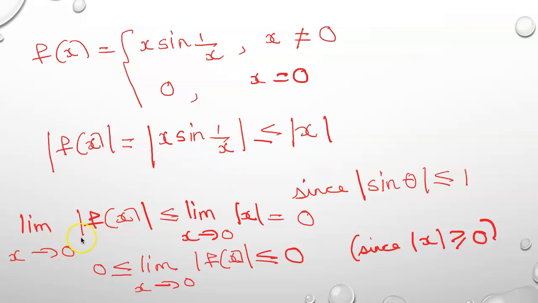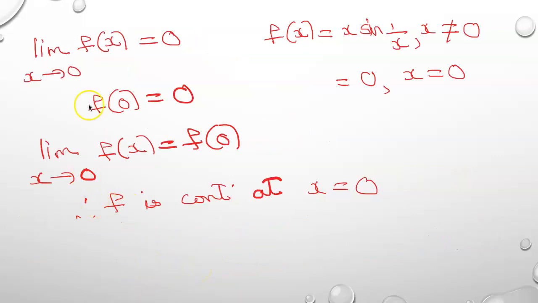So we have the limit as x tends to 0 of mod f(x) less than or equal to the limit as x tends to 0 of mod x, and this is 0 when you substitute. And mod f(x) is greater than or equal to 0. So I have 0 less than or equal to the limit as x tends to 0 of mod f(x) less than or equal to 0. So f(x) is sandwiched between 0 and 0, the limit.